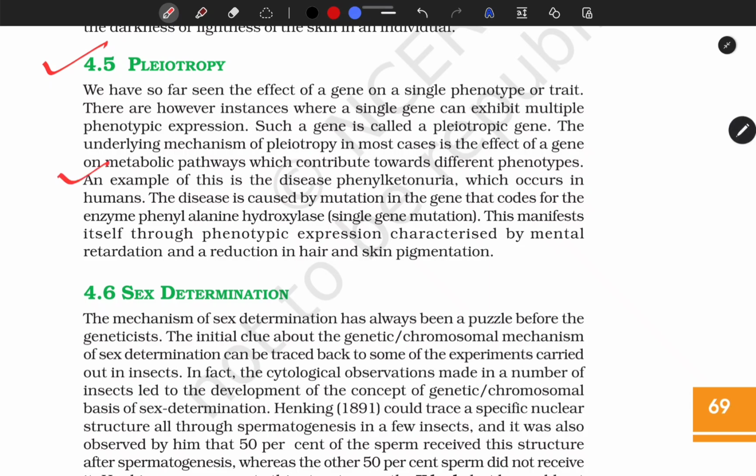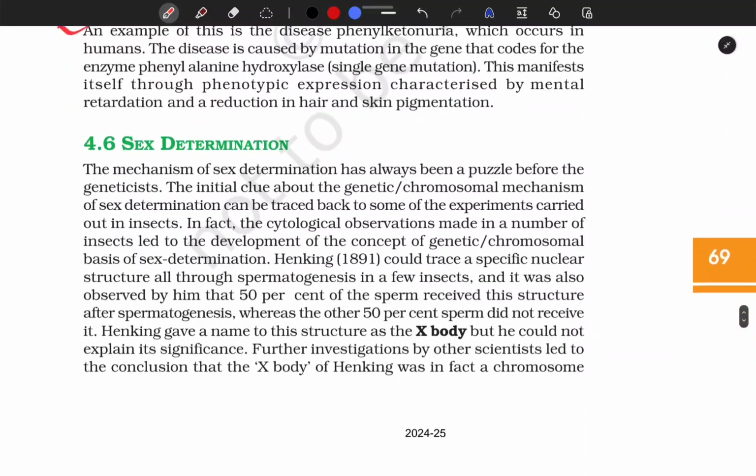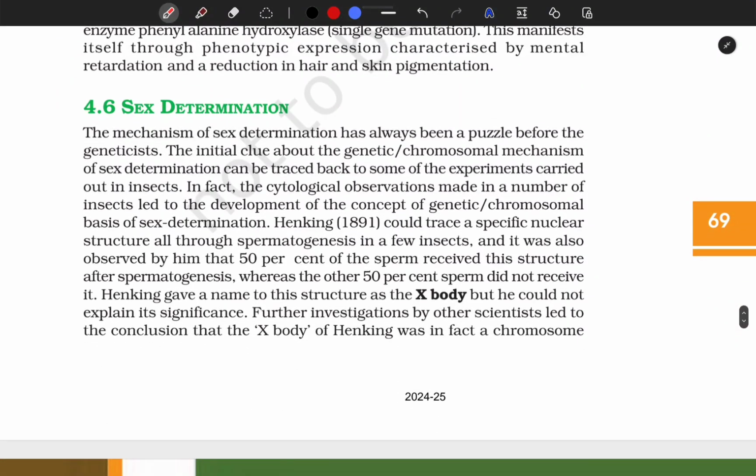An example of this is the disease phenylketonuria, which occurs in humans. The disease is caused by a mutation in the gene that codes for the enzyme phenylalanine hydroxylase, that is, a single gene mutation. This manifests itself through phenotypic expression characterized by mental retardation and a reduction in hair and skin pigmentation.